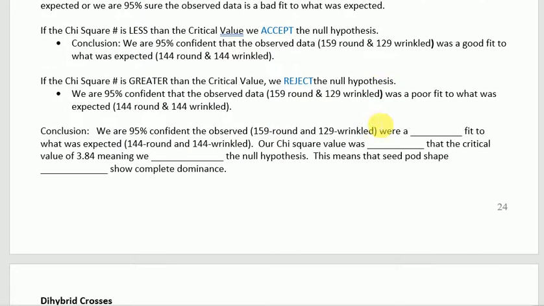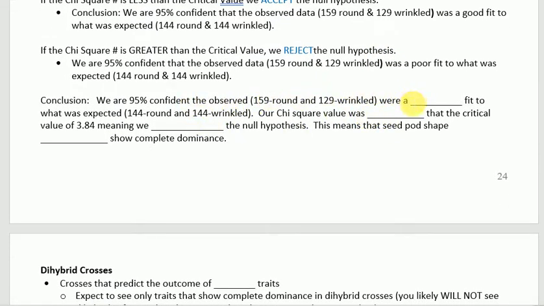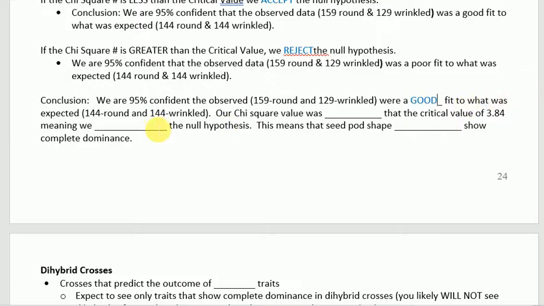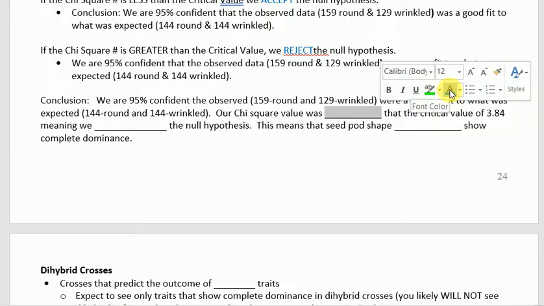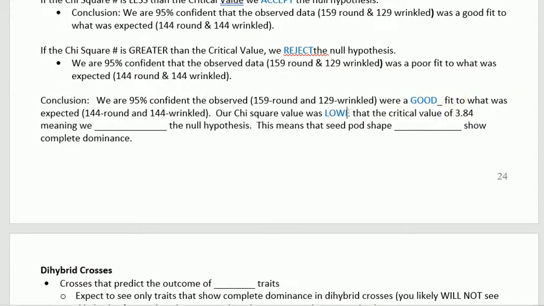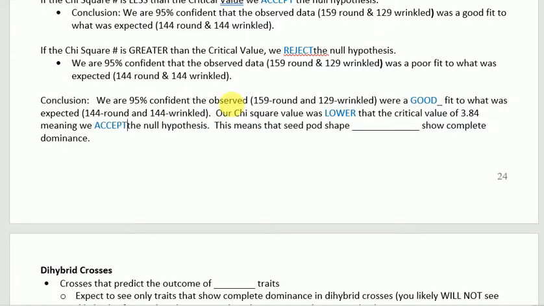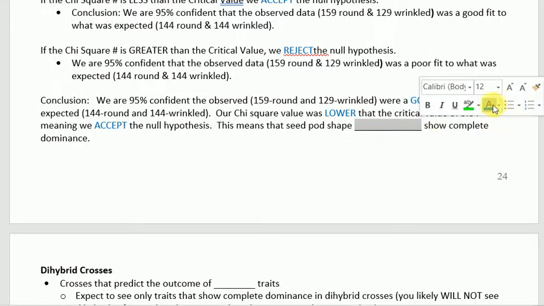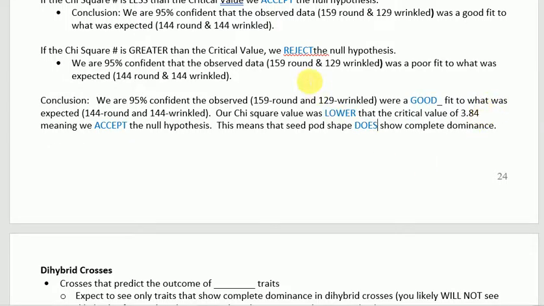In this case, we are 95% confident that the observed 159 and 129 were a good fit to what was expected, the 144 and 144. Our chi-square value was lower than the critical value, meaning that we accept the null hypothesis and that we know that the seed pod shape does show complete dominance.